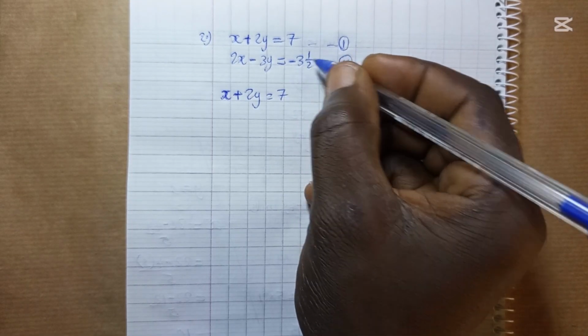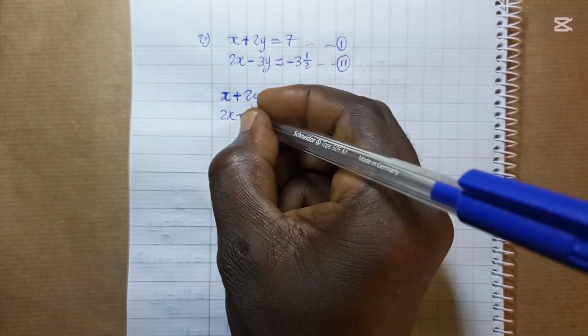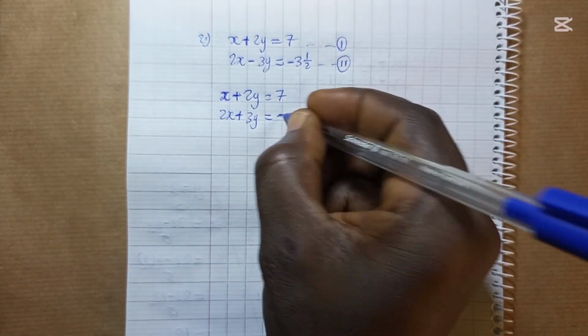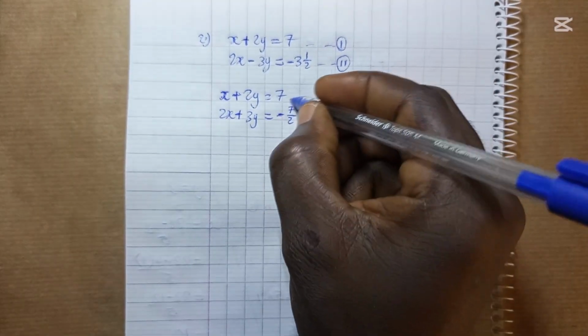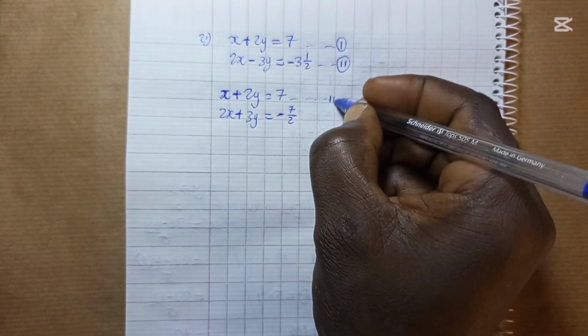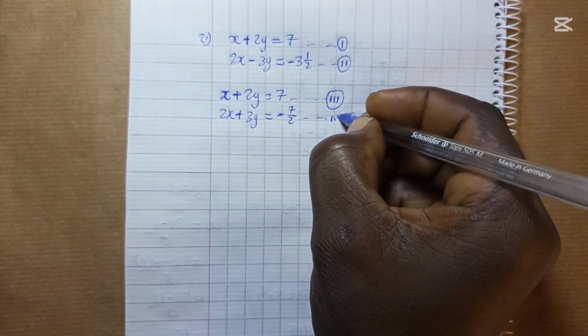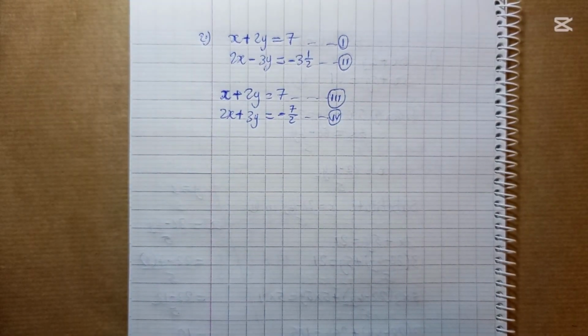So we have minus 7 over 2. So I'll write this 2x minus 3y is equal to minus 7 over 2. So let's say this is equation 3 and this is equation 4, equation 3 and 4 respectively.